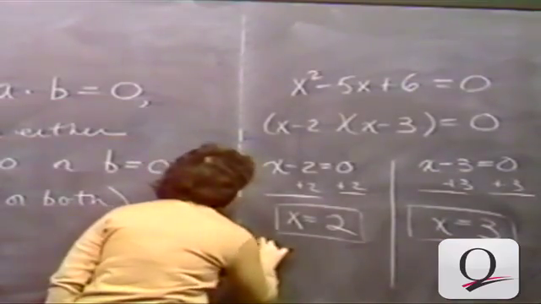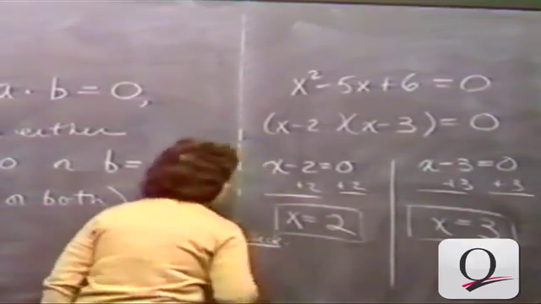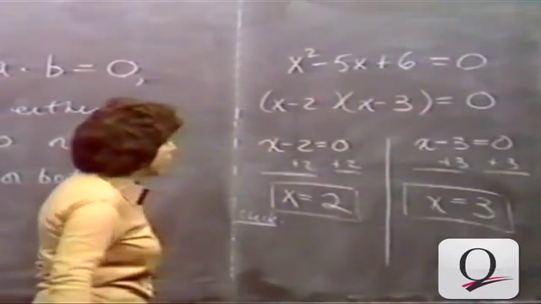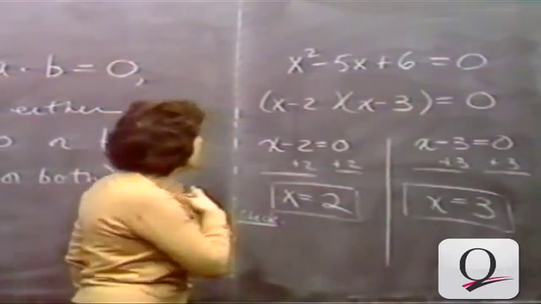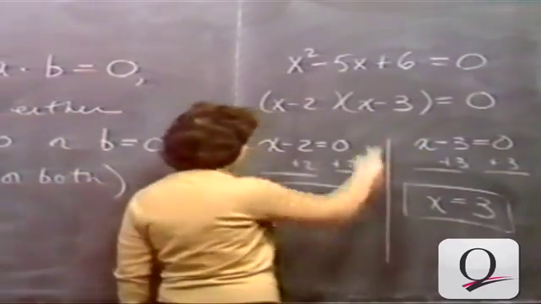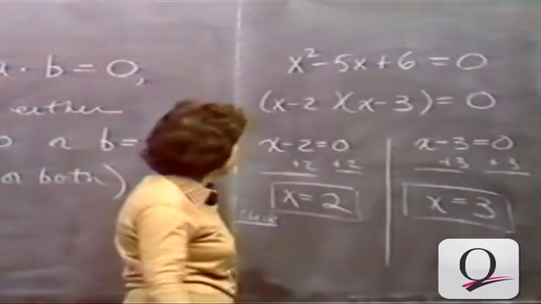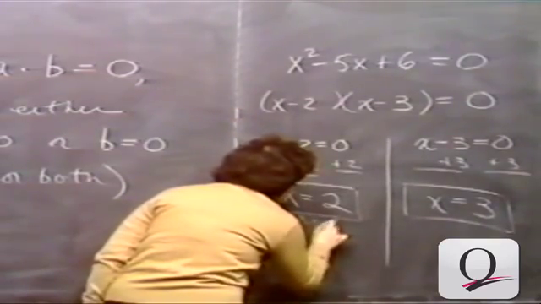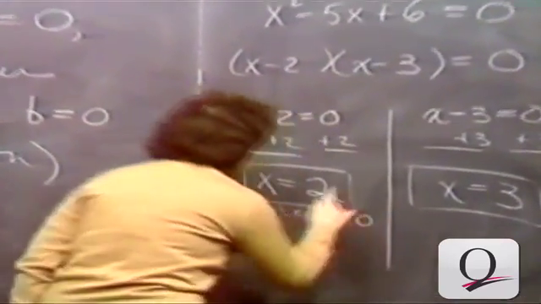To check, we go back to the original equation, x squared minus 5x plus 6 equals 0. If we have found the solution, then when we substitute this value into the original equation, we should get a true statement. So let's try that. We're checking with x equals 2.